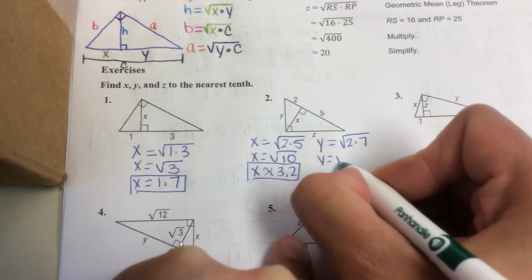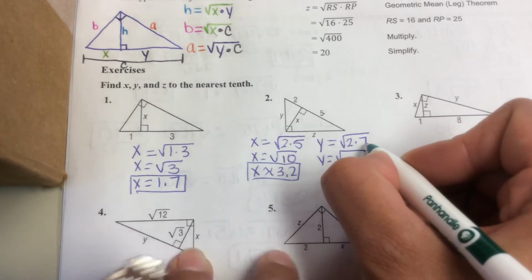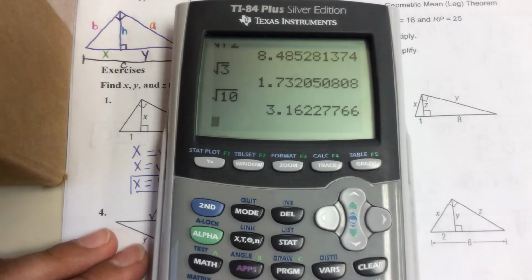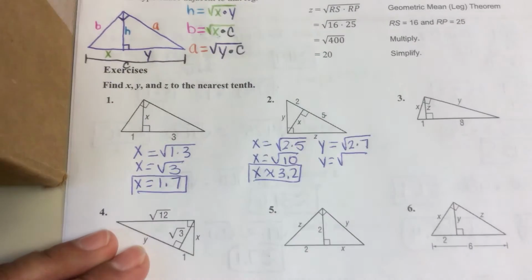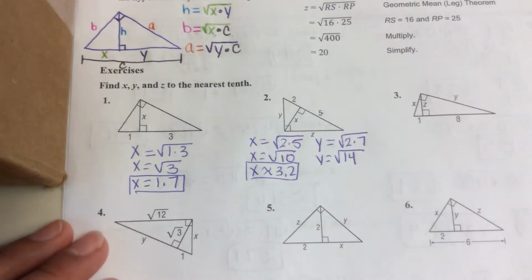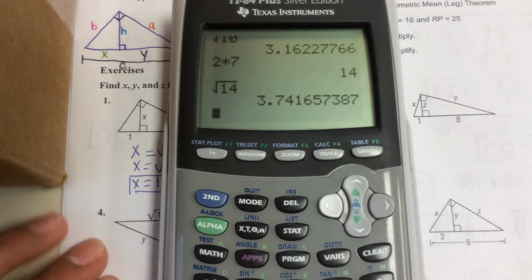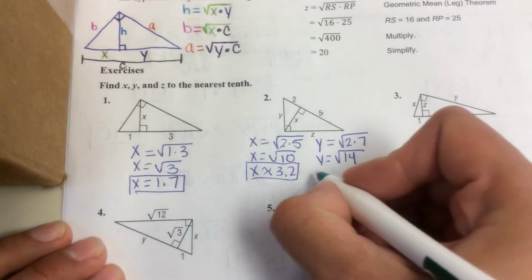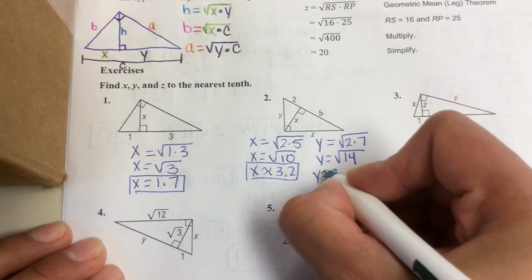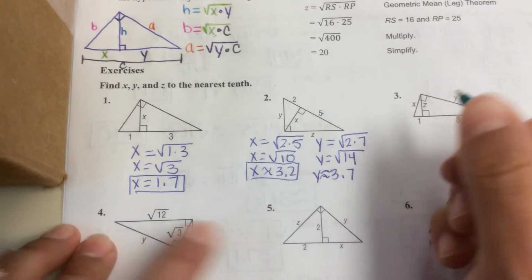Y equals the square root of 2 times 7, which is 14. Then we take the square root of 14, and that gives us approximately 3.7.